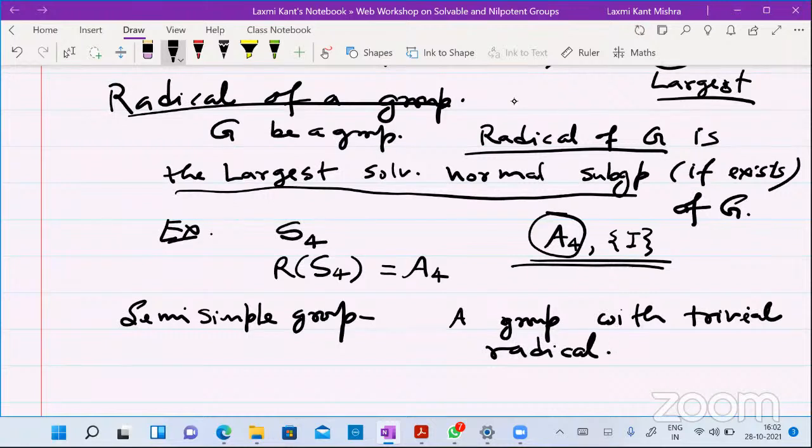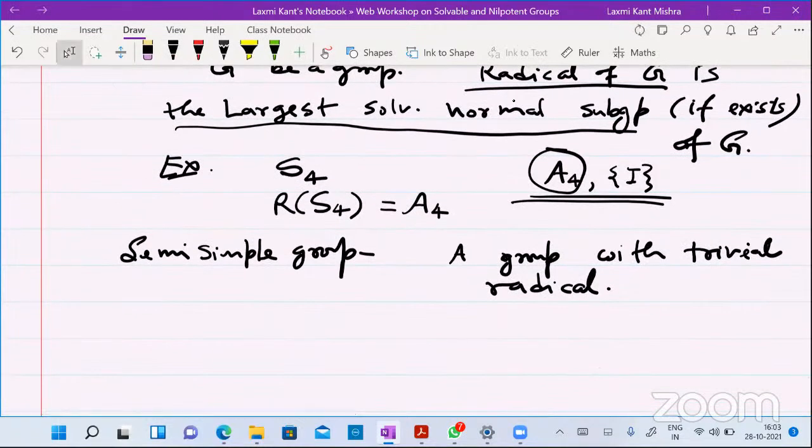A group with trivial radical is called a semi-simple group, and this semi-simple group is very much important in higher algebra. Okay, so you will see.